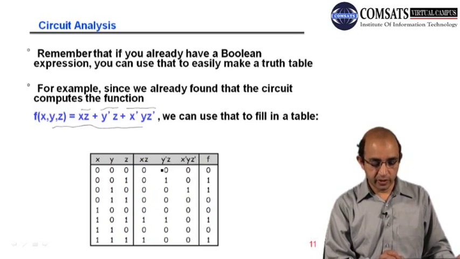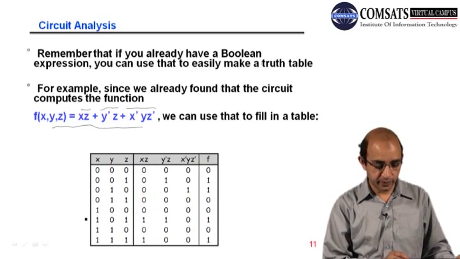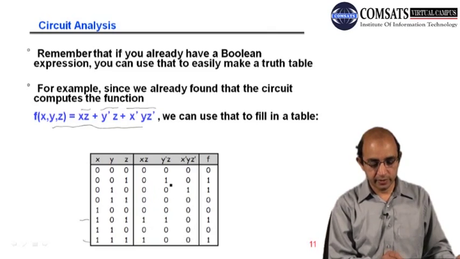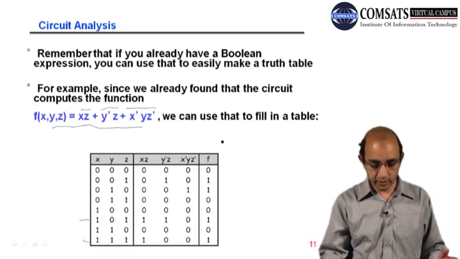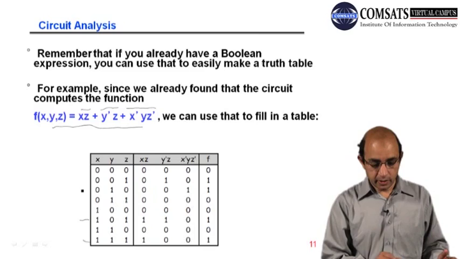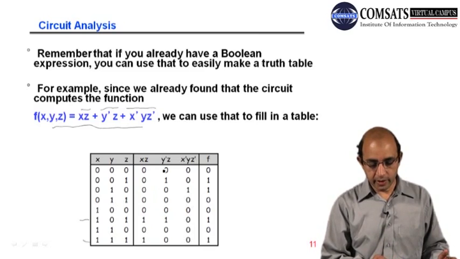You can see whenever we have 1, 1, we have only 1, 1 here and here, so we will be having 1. Then here y bar and z bar.